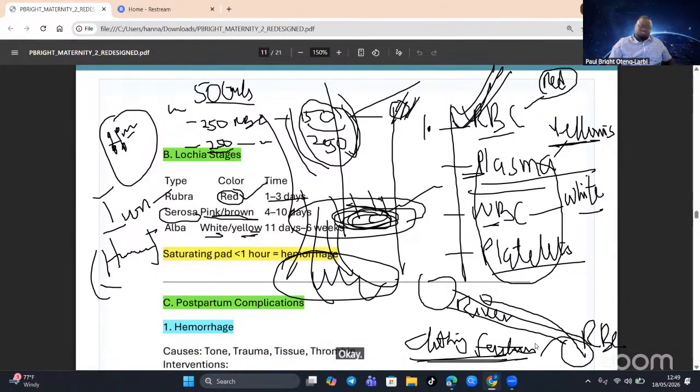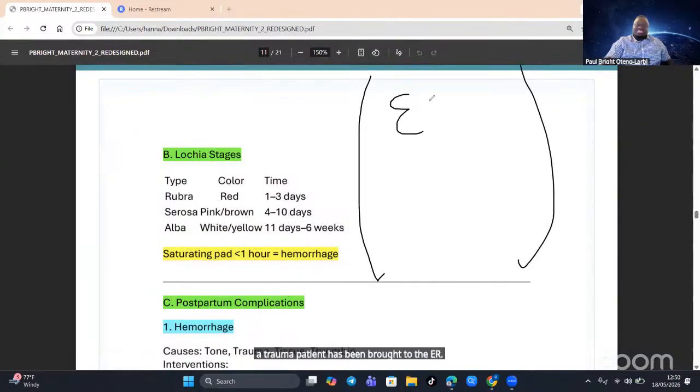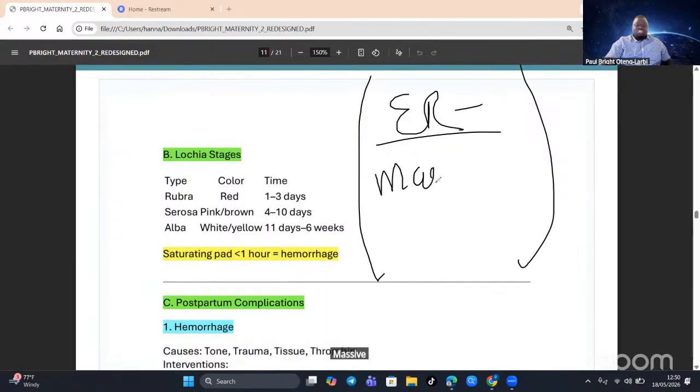Other than that, somebody has lost plasma. Or we do a full blood count, a complete blood count, and the red blood cell is normal. Or another scenario: a trauma patient has been brought to the ER. Massive blood transfusion. You are giving what?